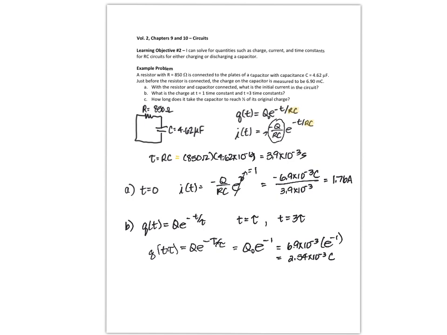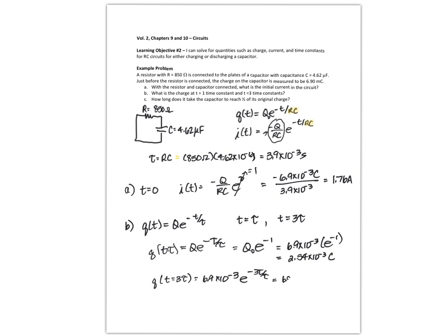Okay, for the next part, I have Q at t equals 3 tau. So that's going to be 6.9 times 10 to the minus 3 e to the minus 3 tau over tau.